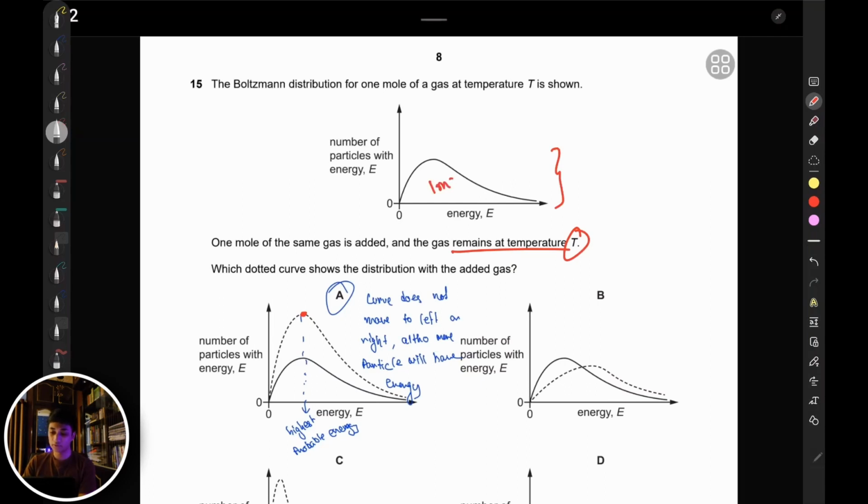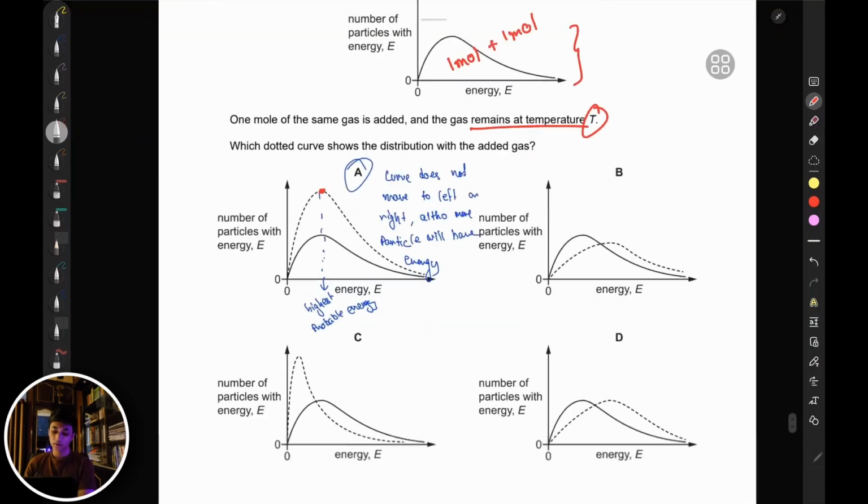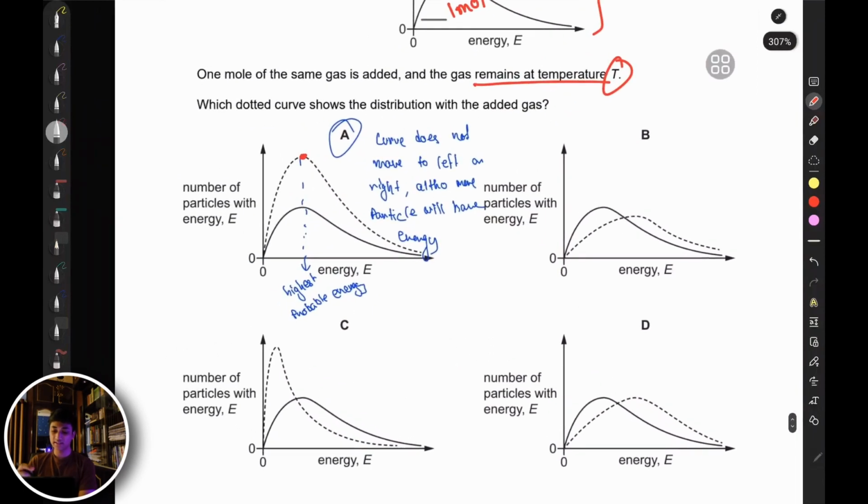This is 1 mole, and 1 more mole was added of the same gas, and the gas remains at temperature T. Which dotted curve shows the distribution with added gas? So basically, the answer is A.